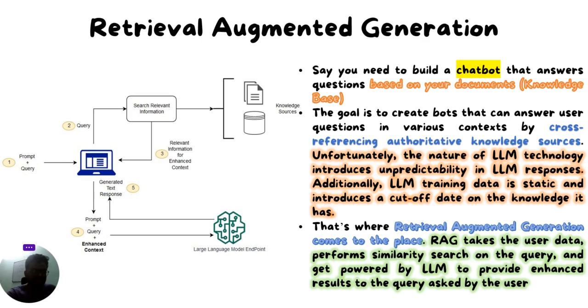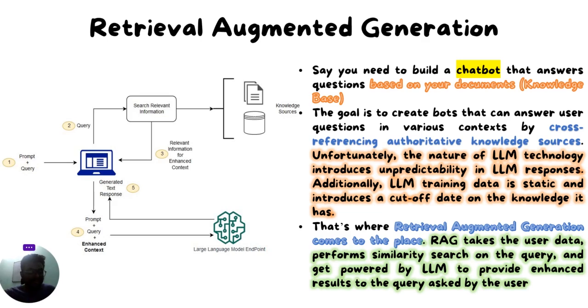If you look at the left-hand side, that is the RAG output. A user gives a prompt with a query to be solved by the chatbot, and the system gives the query to the knowledge base and extracts the matching information. Why?